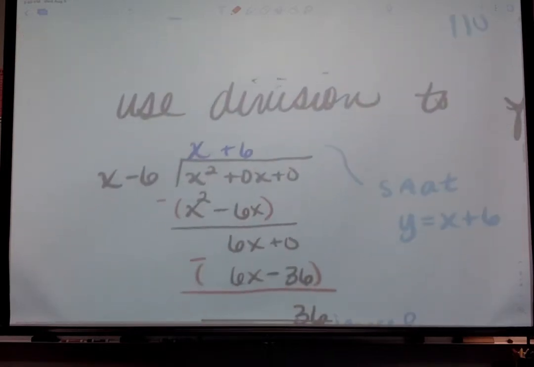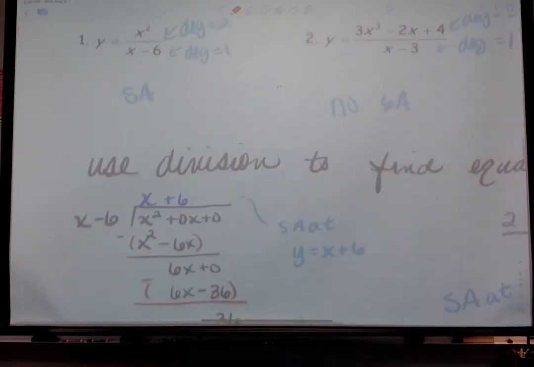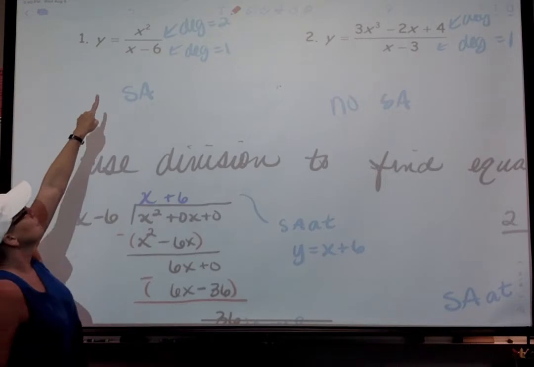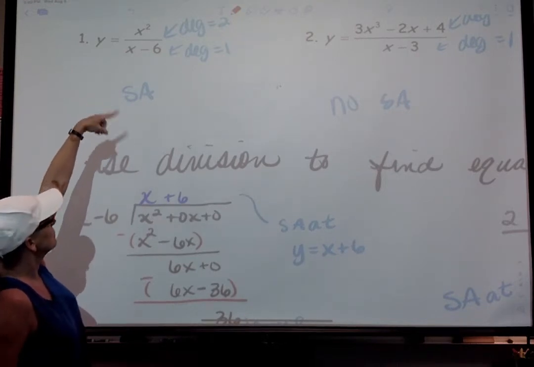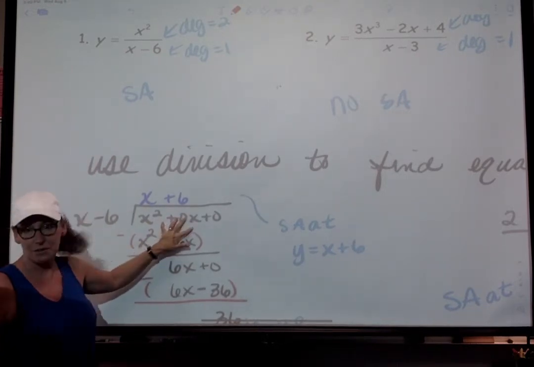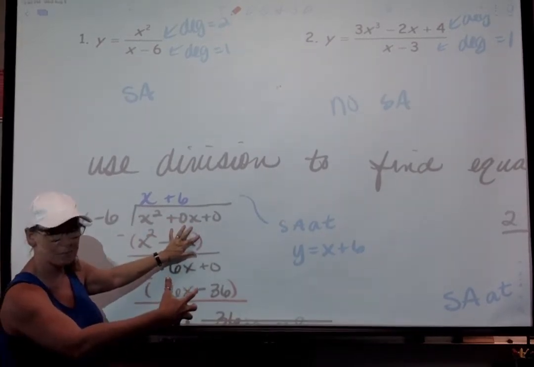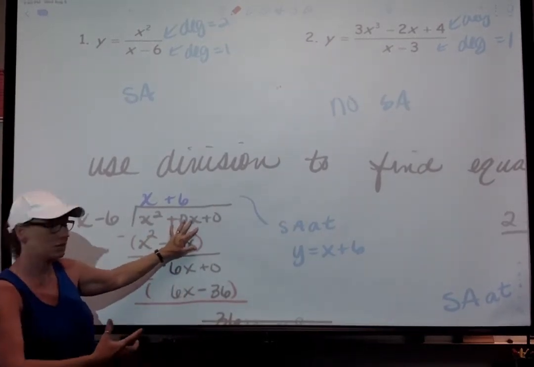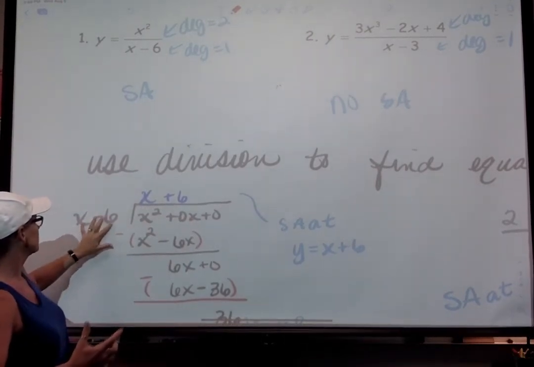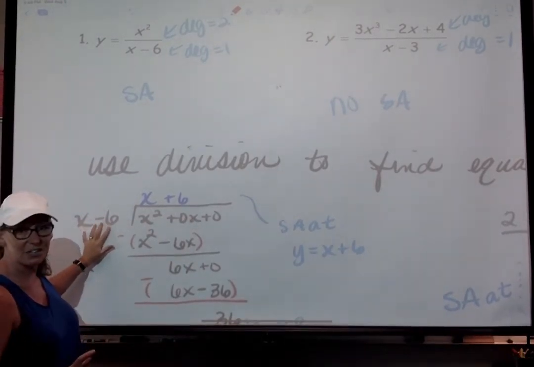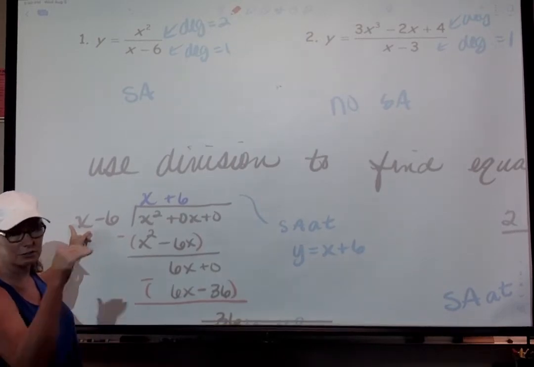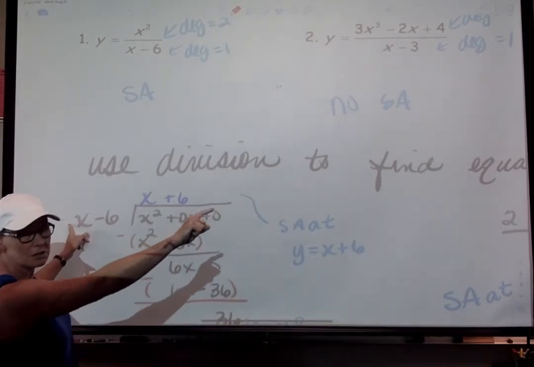So, check this out. I took my numerator and my denominator, and I divided them. I took the smaller degree into the larger degree, okay? And I did this one by long division. So I could have, this is a linear factor with a leading coefficient of 1. I totally could have used synthetic, and I will in a minute.